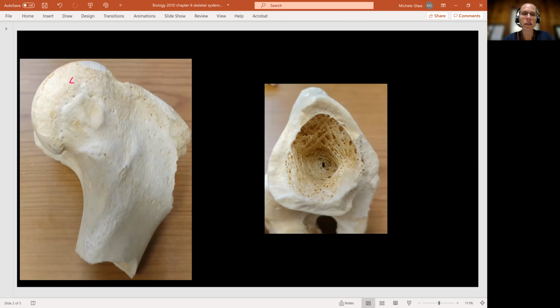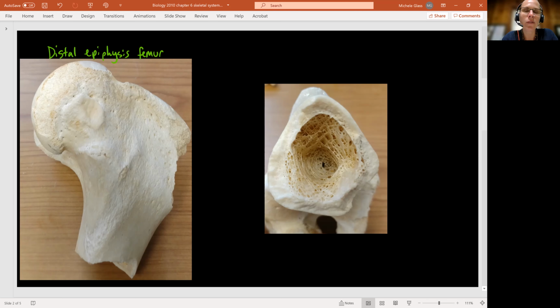Now, taking a look at this picture here, what we're seeing here is a photograph of an actual remnant of bone. This is something that we have in the lab. It's not a human. And I think what we're looking at right here would be the distal epiphysis of femur.